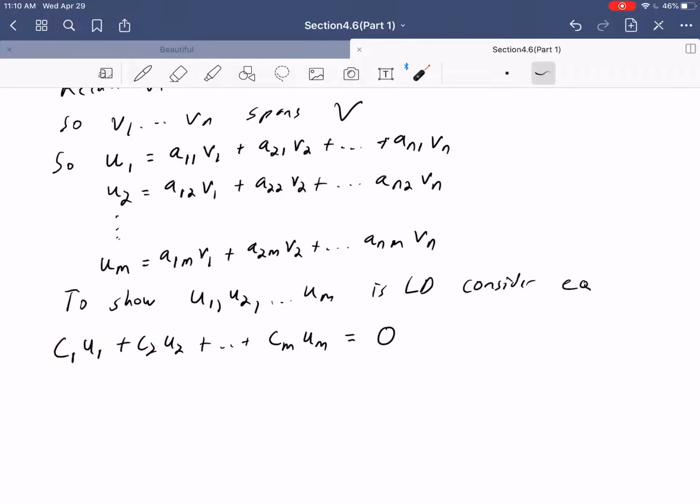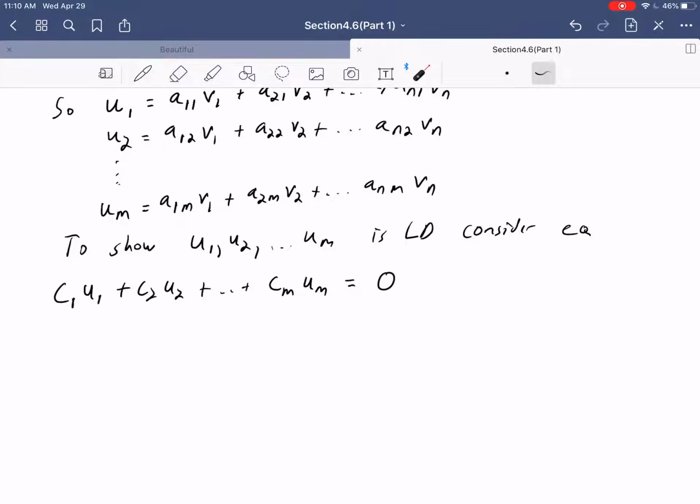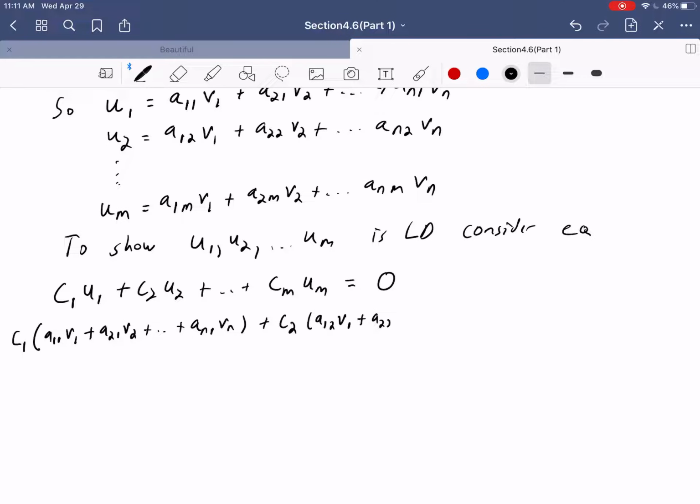Okay, we've got this equation. It's going to be really messy, but let's plug in what we know about u1, u2 through um into this equation. So this would look something like c1 times (a11 v1 plus a21 v2 plus dot dot dot plus an1 vn) plus c2 times (a12 v1 plus a22 v2 plus dot dot dot plus an2 vn) plus dot dot dot plus cm.